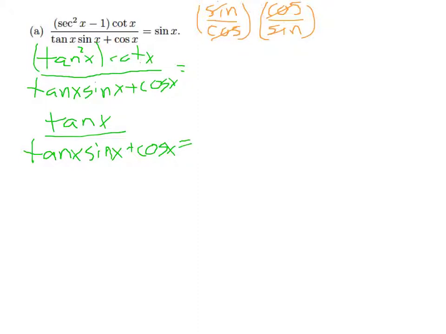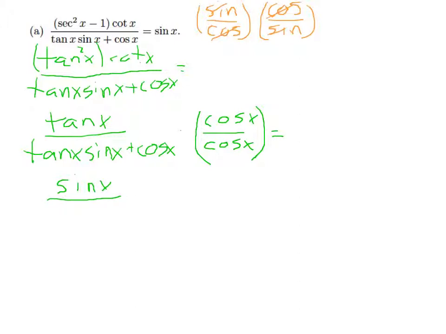For the remaining step, we can try to simplify, and let's multiply both the top and the bottom by a cosine of x. In doing so, we simplify it down to sine of x all over sine squared of x plus cosine squared of x.